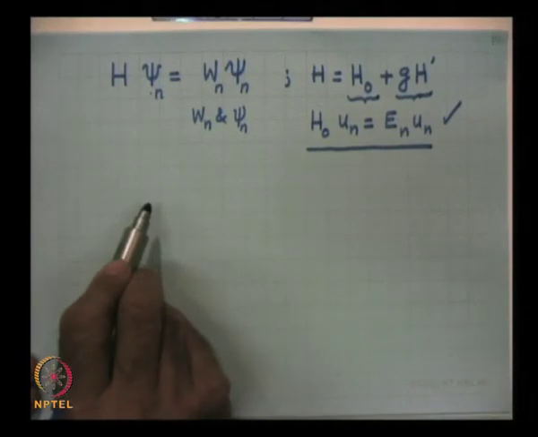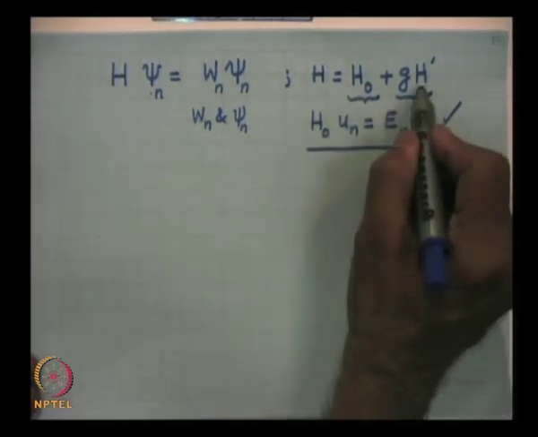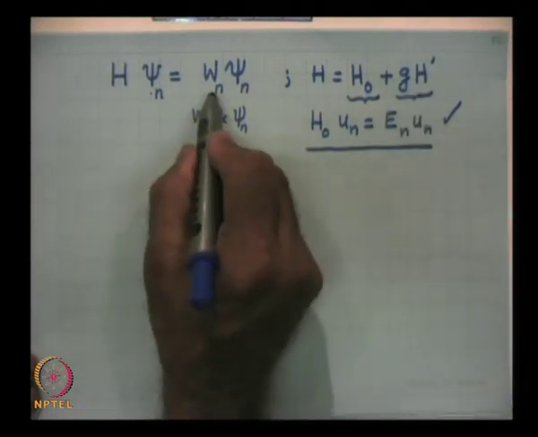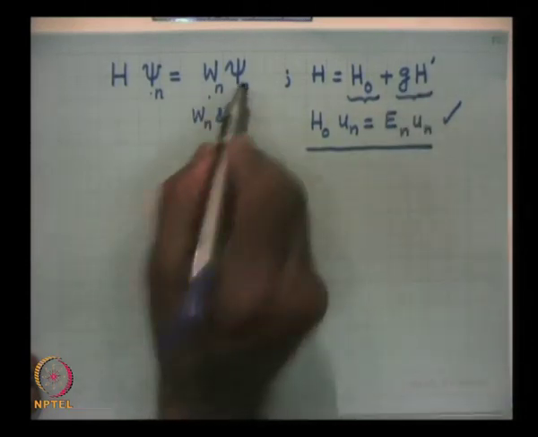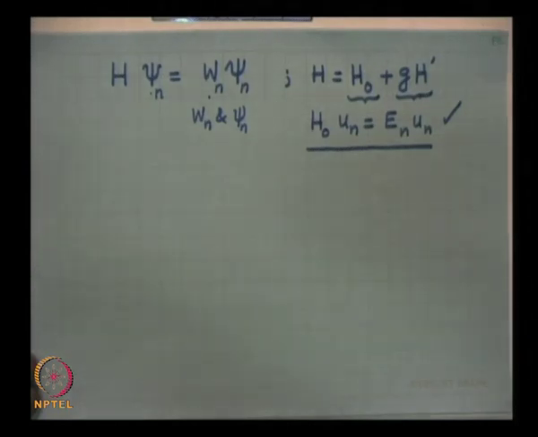So, the solutions of the eigenvalue equation corresponding to H naught are known to us. Our objective is, when we apply this perturbation, what will be the value of W n and what will be the corresponding eigenfunction.